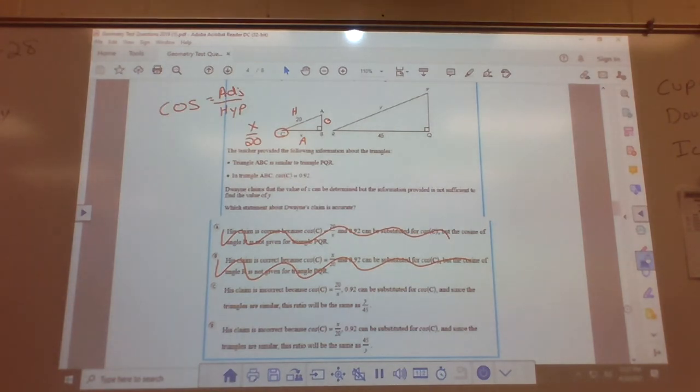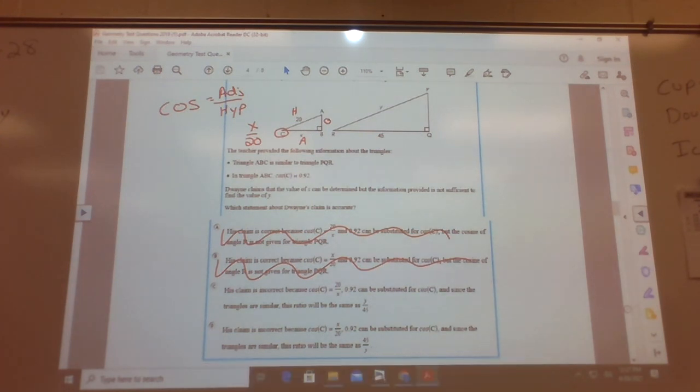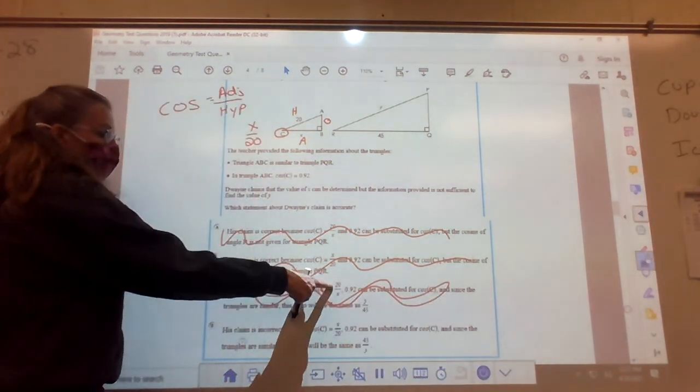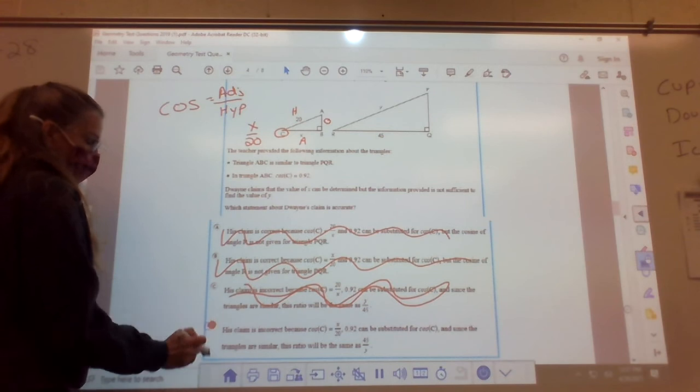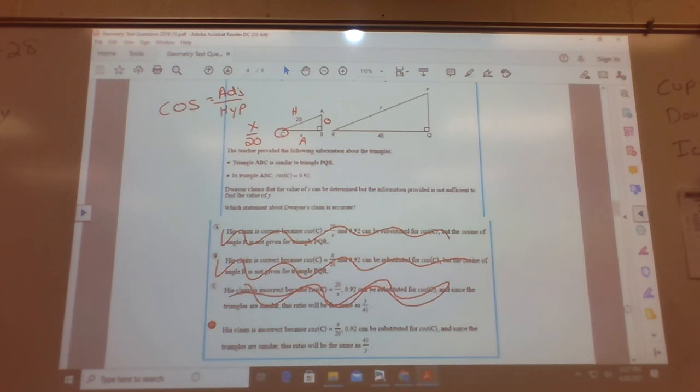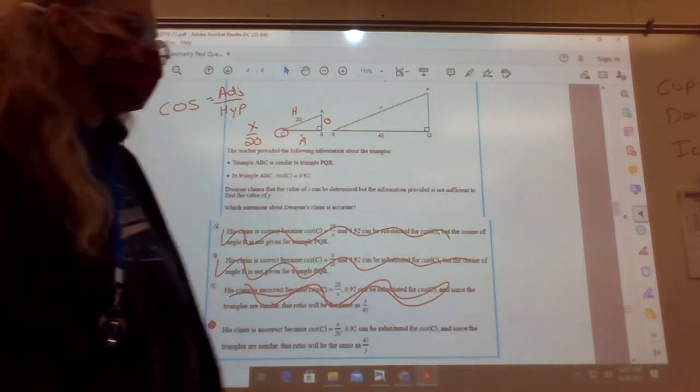So I have to use x over 20, because that's what cosine is. As soon as I know it had to be x over 20, C no longer works either, because it said 20 over x. So it must be D. So this is another example of how they might use the trig functions. If you have trig functions, you're probably going to have to figure out those ratios. You've got the ratios on your reference paper. Use your reference paper.